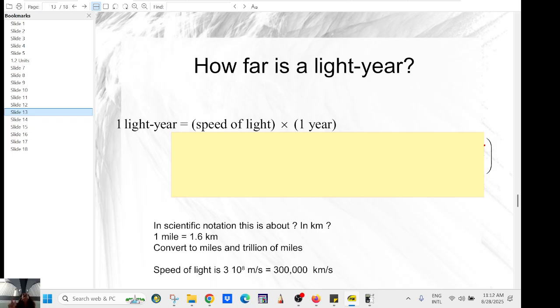And you already know that 1 year is pi times 10 to the 7 seconds. So you want to know how many kilometers. Again, a light year is the distance traveled by the light in 1 year. So you want to know that in kilometers.